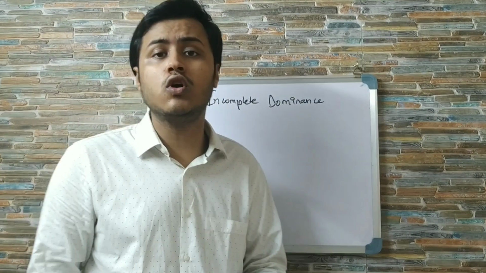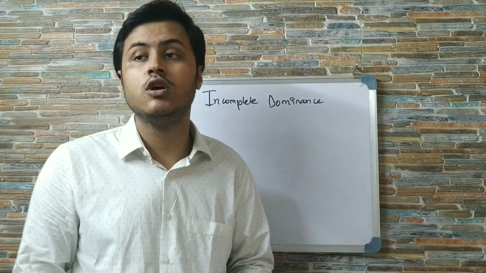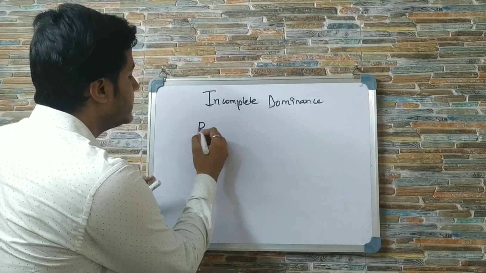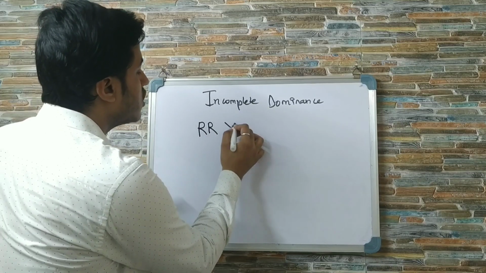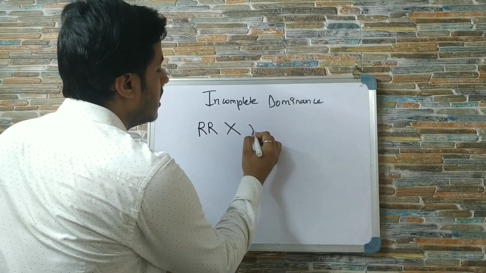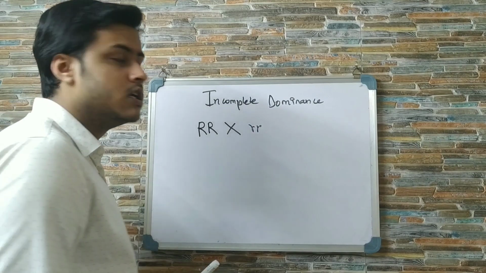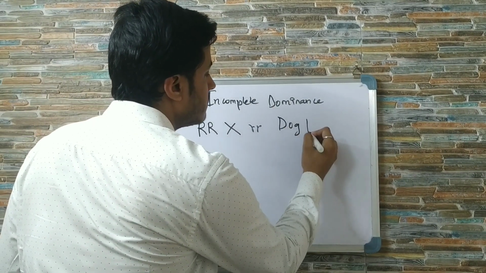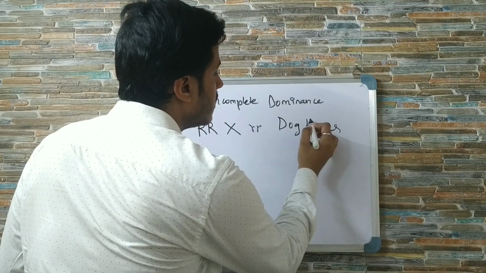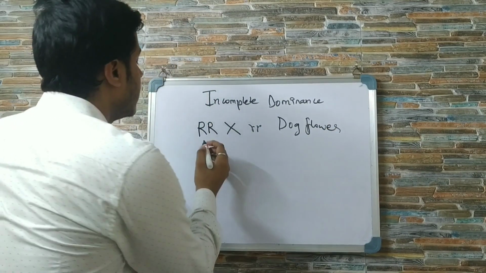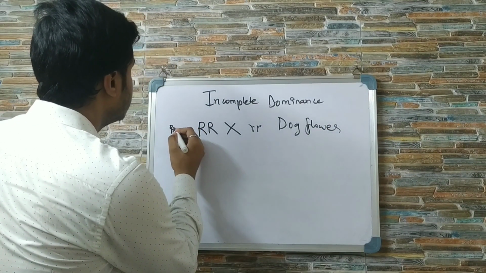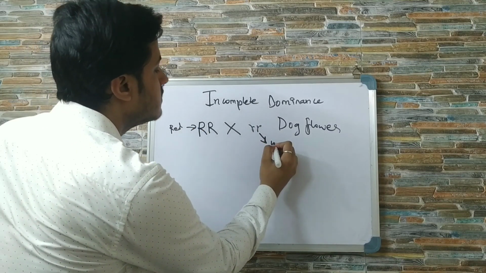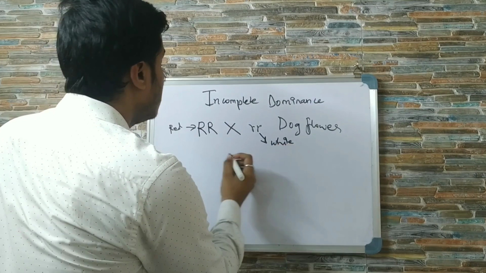Now, if you look back to my previous video, you will understand, when I was talking about the Punnett square, that if there is a cross between capital R and small r, suppose we are taking the example of dog flower, in which capital R represented red, and small r represented white.